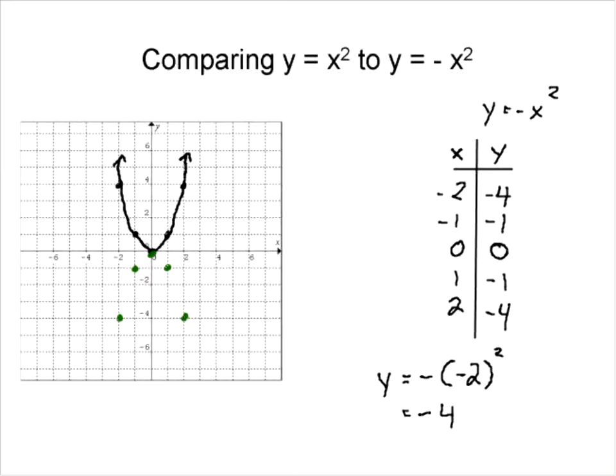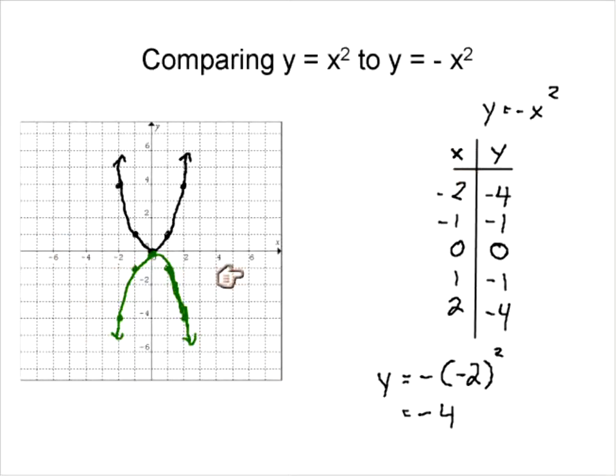So what do I have? I have that same parabola, but now it's been flipped over. We don't like to use the words flipped over in math, but what's happened is this has been reflected. Our parabola, which was pointing up, has now been reflected across the x-axis, and now it's upside down.